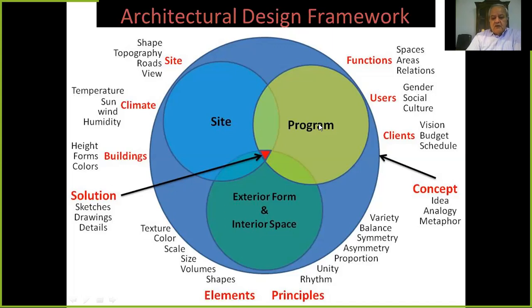The site and the program are combined together to create a form. The form has two things, the exterior form and the interior space. And in order to create this as architects, we use all the elements and principles of design that we have learned before. The shapes, the volumes, the size, the scale, the color, texture, and the principles of rhythm, unity, proportion, symmetry, asymmetry, balance, and so forth.